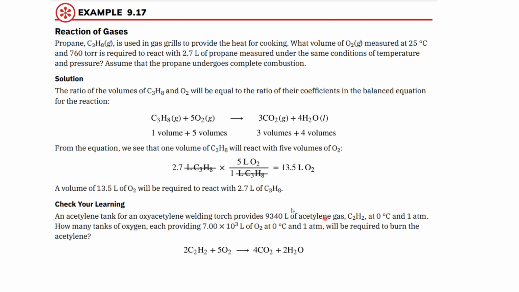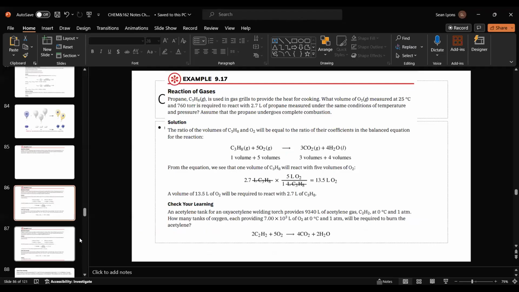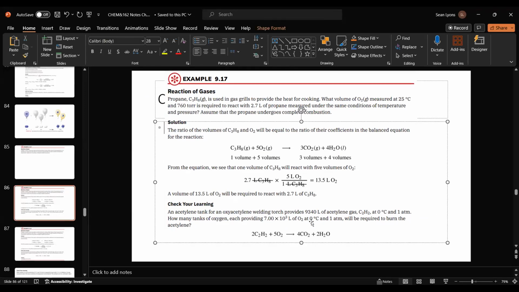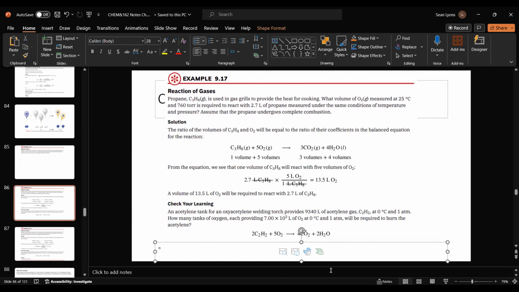But now this one, we know the total amount of acetylene. So what we can do is, all right, so we know the total amount of acetylene, 9,340 liters of C2H2.